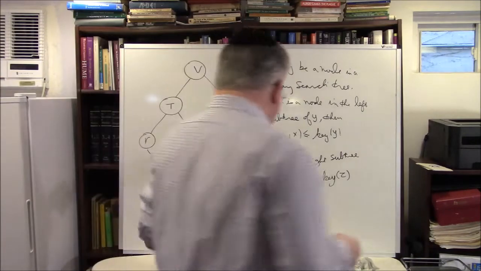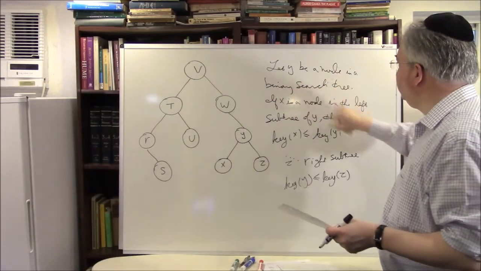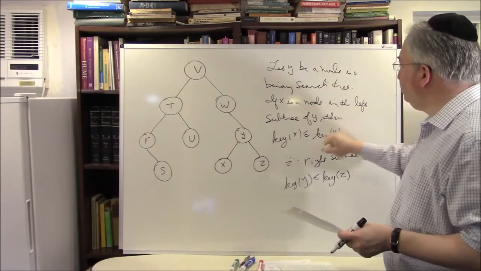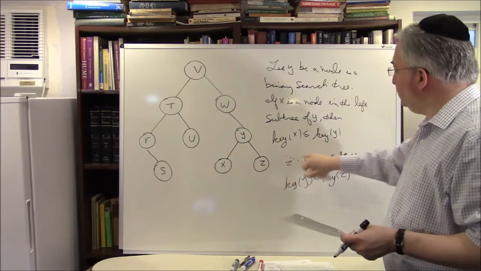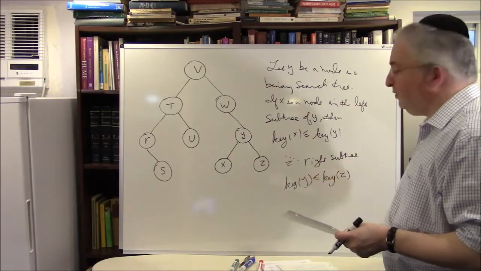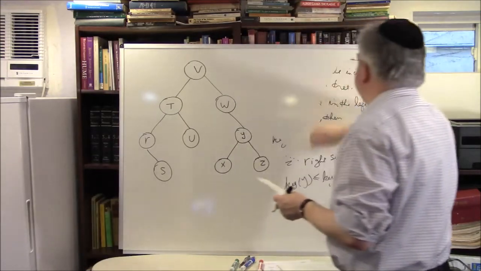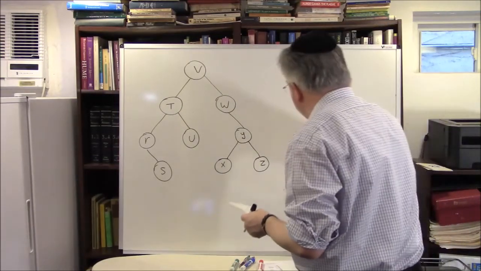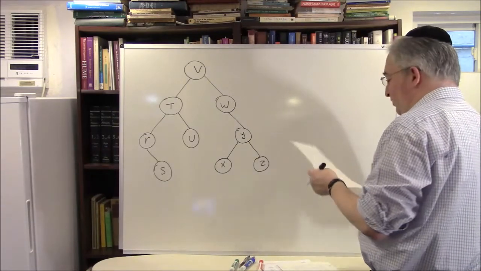Let me just show you some others. Let me just read this. Let Y be a node in a binary search tree. If X is a node in the left subtree of Y, then key of X is less than or equal to key of Y. If Z is in the right subtree, key of Y is less than or equal to key of Z. Okay, great. Let me show you some other binary search trees with the same nodes.